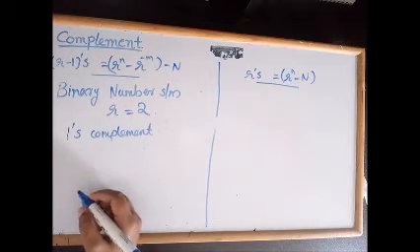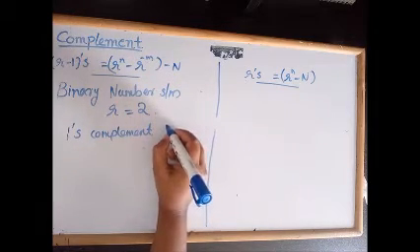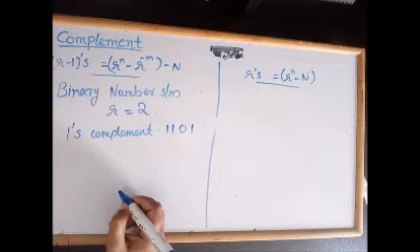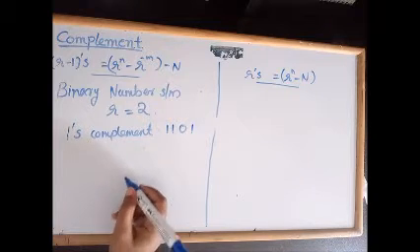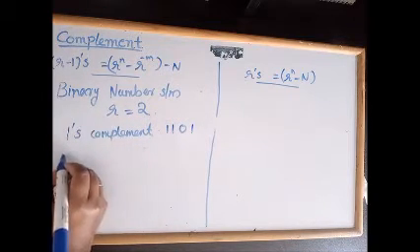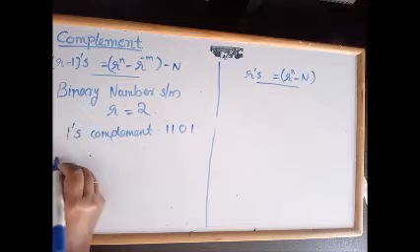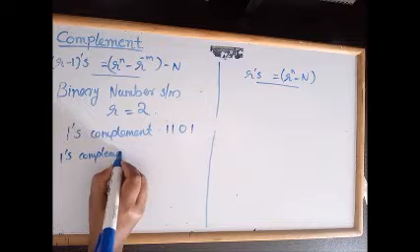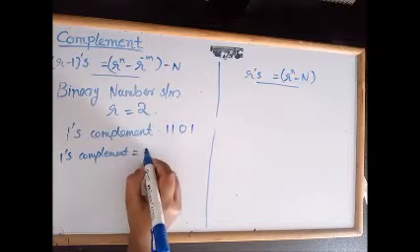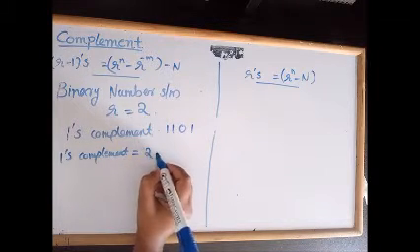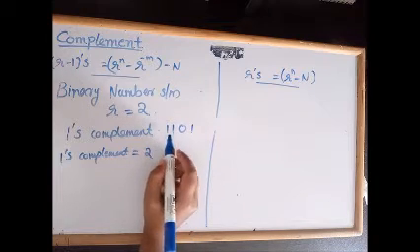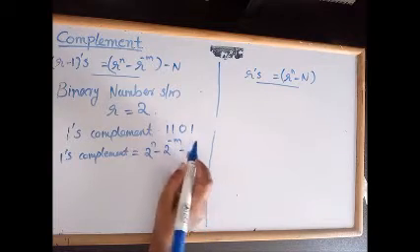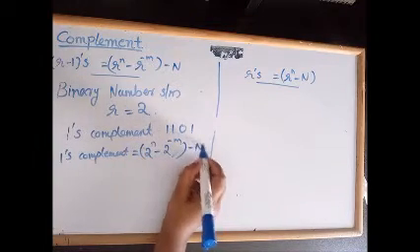Suppose the number is 1101, the binary number. We need to find the 1's complement of this number. So the equation is 1's complement is equal to r raised to n, that is 2 raised to n, minus 2 raised to minus m, minus n, right?